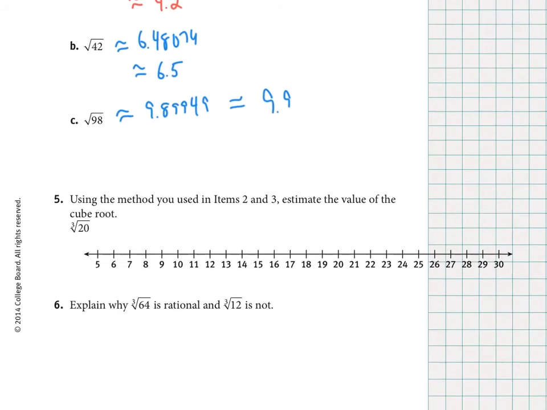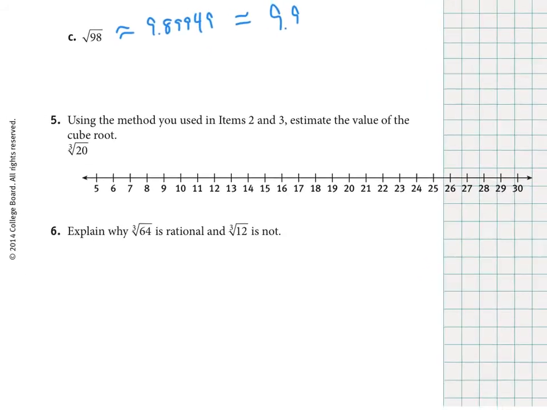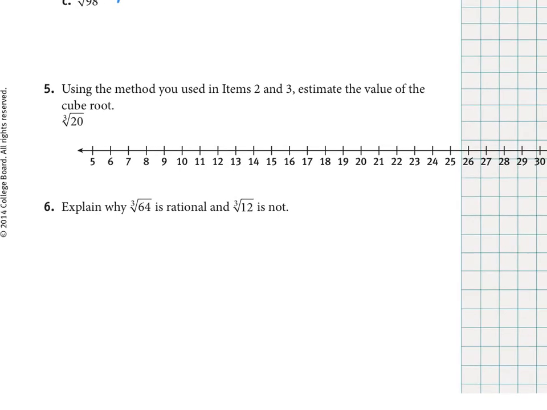Can we use the method that we just did to estimate the value of a cube root? Cube roots are a little bit tougher to do in your head, but let's list a few. I'm going to do a side note here.